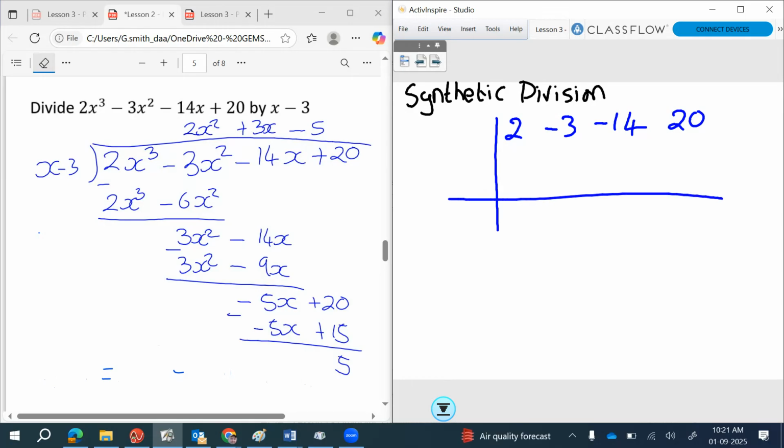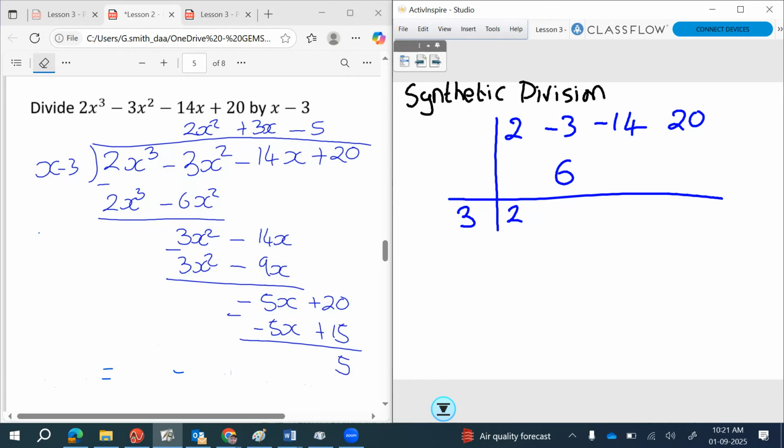Take the value of a. What is the value of a in this factor x minus 3? a is 3. Drop the first coefficient down, all the way. Then take a, which is 3, multiplied by the 2, and we get 6.